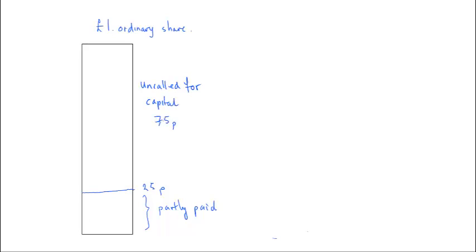Now, after a year or so, my company's doing quite well. It needs more money to expand, but it knows all its shareholders still owe that uncalled capital. So it issues a call on capital, and it makes a call to all its shareholders for each shareholder to pay over another 30 pence.